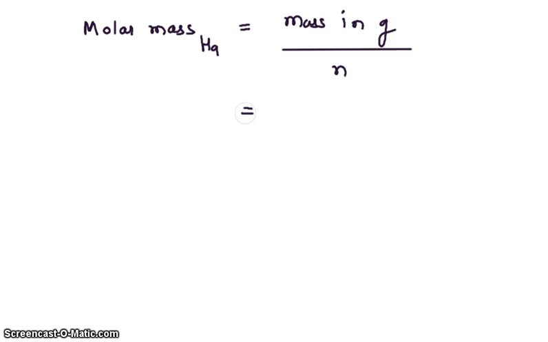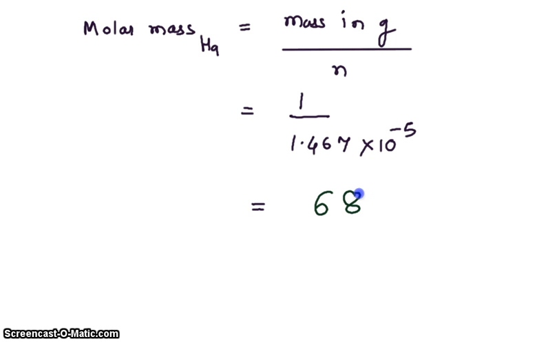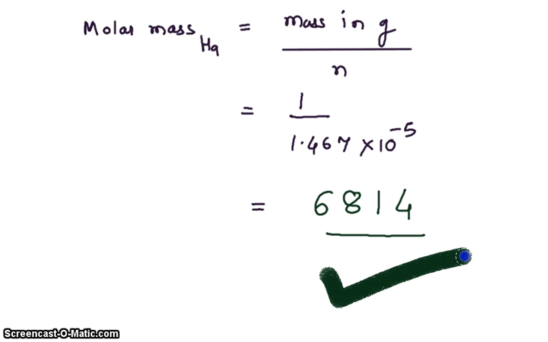Substituting the values, we get the mass is given as 1 gram and number of moles is 1.467 × 10^-5. So the answer we get is 68,140. So this is the molar mass and that is the answer.